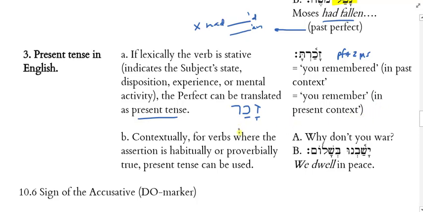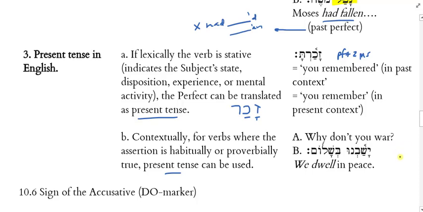Now, secondly, B, contextually, we could use present tense for verbs where the assertion is habitually or proverbially true. In such situations, the present tense in English can be used also. So, setting up a context here, maybe I'm a newcomer to Israel, and I notice that these people are never fighting with their enemies, I would say, hey, why don't you war against other people?